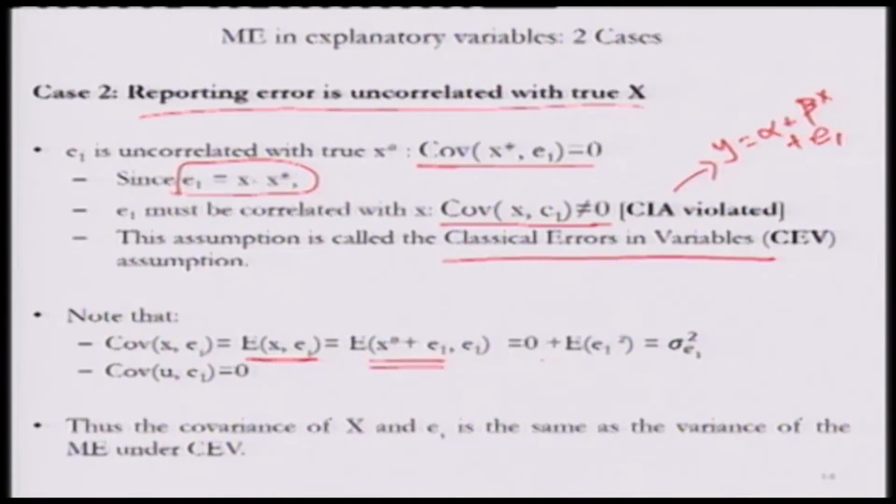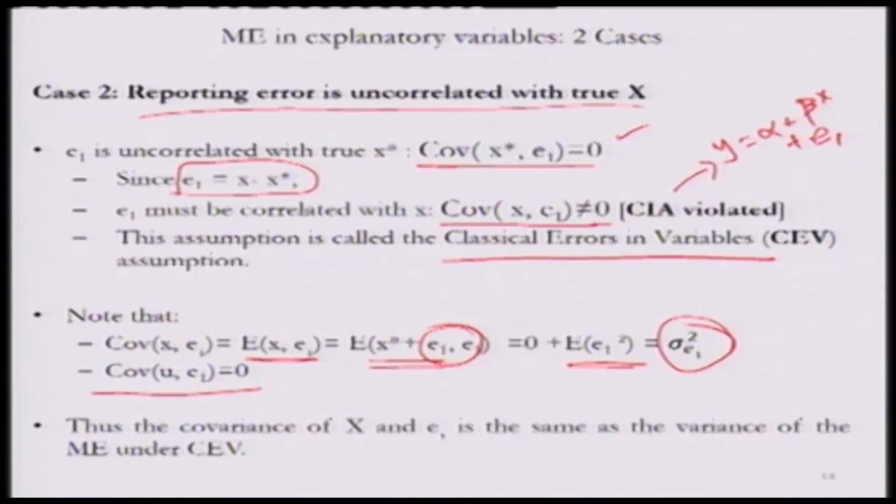Recall that we have already assumed that the covariance between x star and E1 is equal to 0, which means that this is equal to 0. But then we are only left with the expectation of E1 and E1, which is essentially the variance of E1, represented by sigma E1 square.